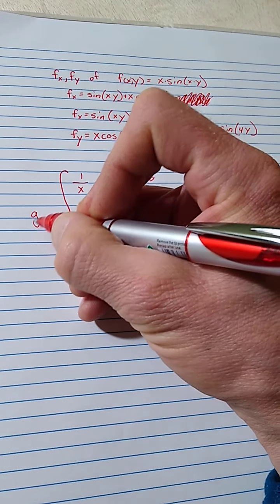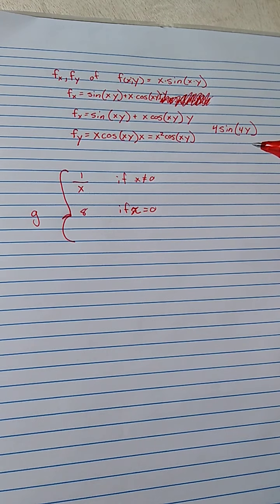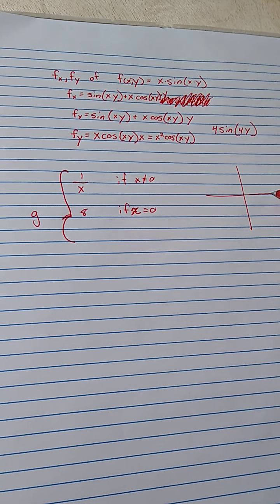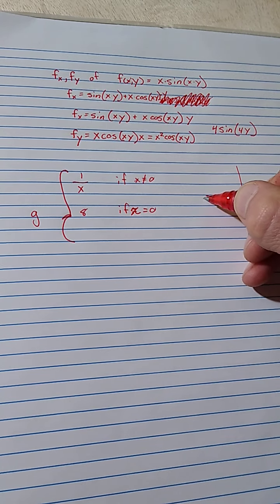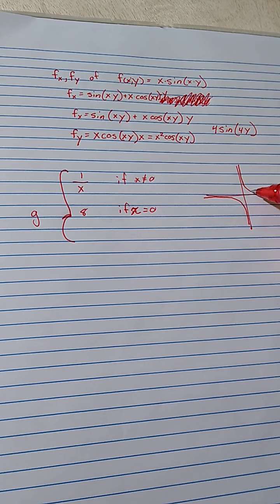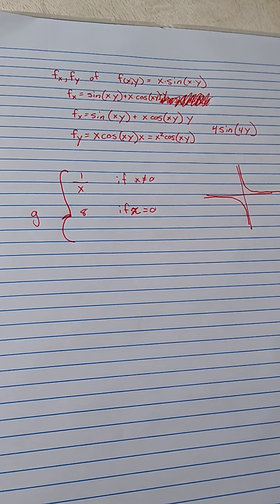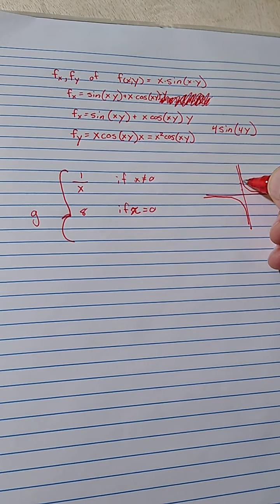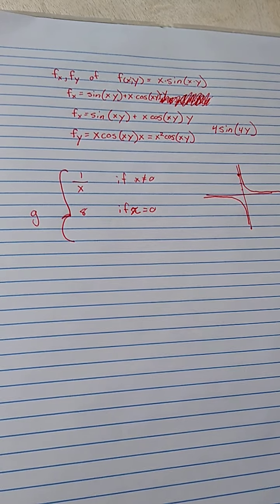We'll give that function a name, we'll call it g. Okay, so if we were to graph this, it would look something like that, and right at 0 it has a value of 8.